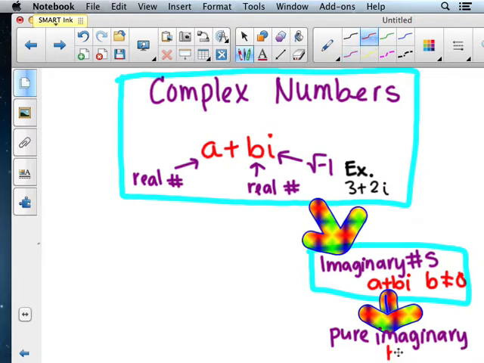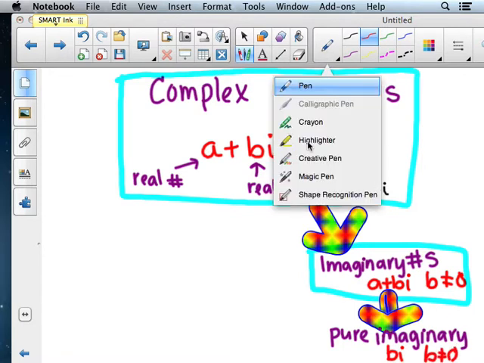It's of the form bi. And again, b is a real number. So that goes for this too: a is a real number, b is a real number. Here on the bottom, b is a real number, and b cannot equal 0 here, because otherwise it would just become 0. We don't have our imaginary number anymore.